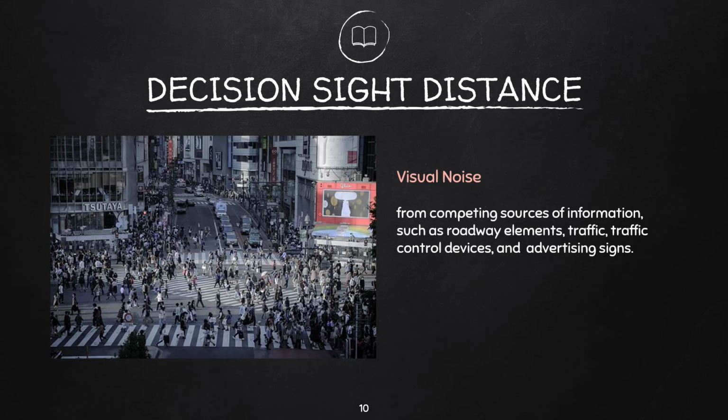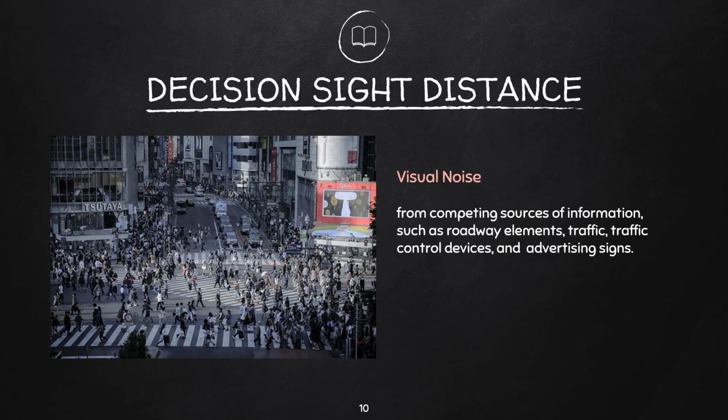And from competing, those are coming from competing sources of information such as roadway elements. You have pedestrian lanes here that are a lot. So you have traffic, meaning pedestrian traffic and those motors, and traffic control devices such as there are a lot of pedestrian elements here, stoplights, and advertising signs.